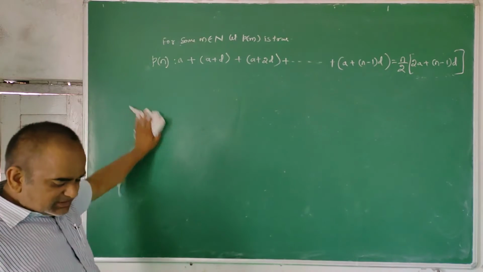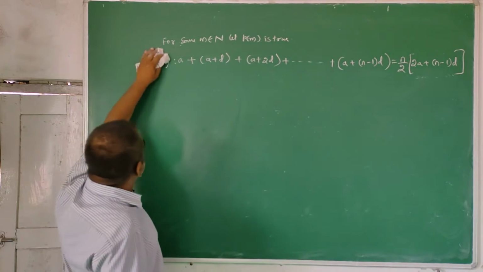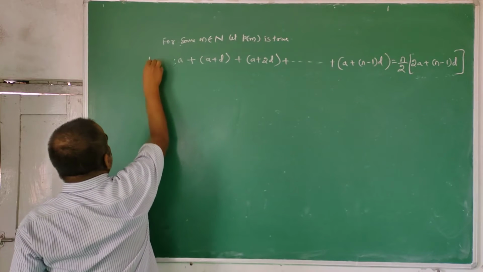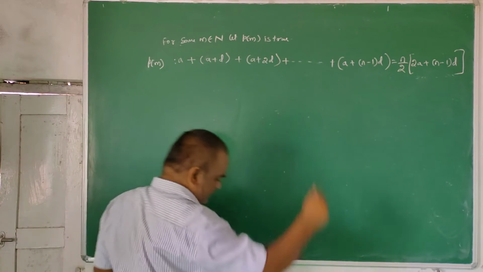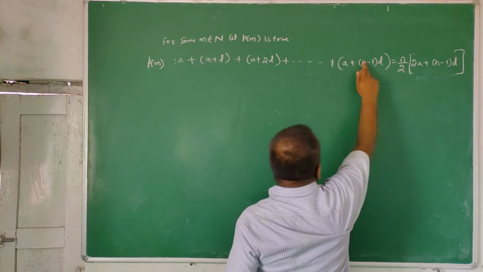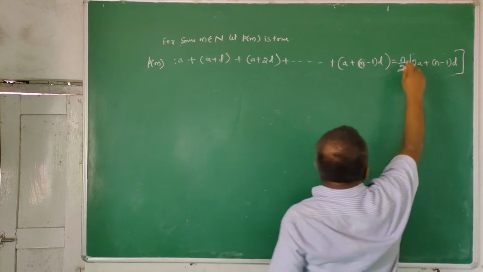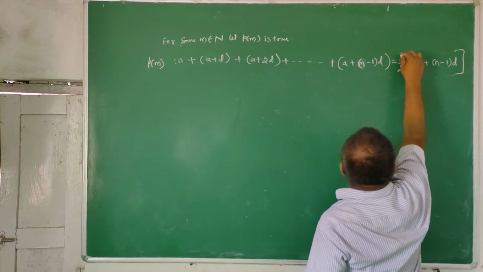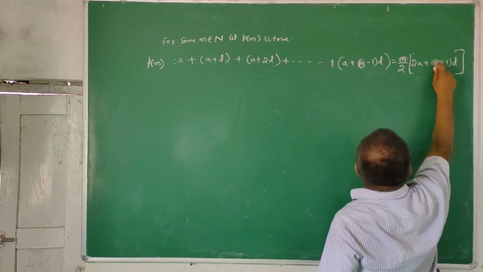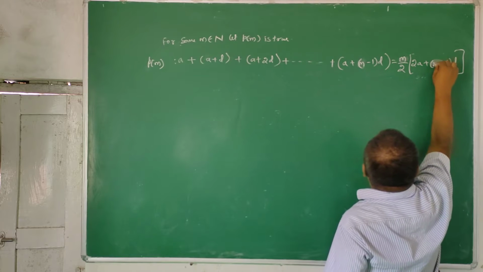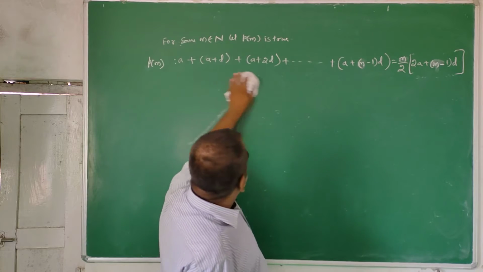We are considering it true. So what is P(m)? A plus, all this will remain the same, only here you get m. So this is m by 2 into (2a plus (m minus 1) into d). Right. So this we have considered as true.